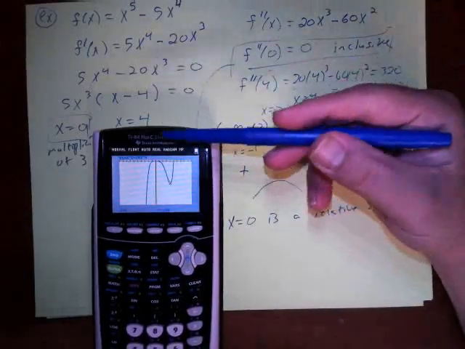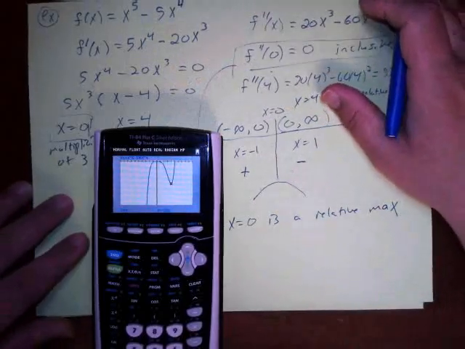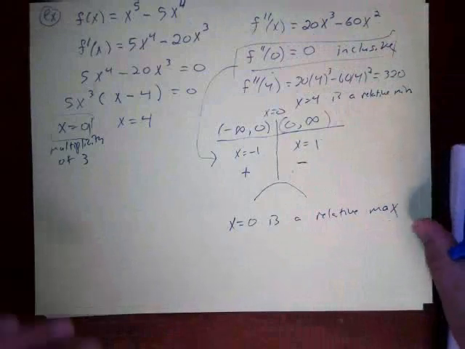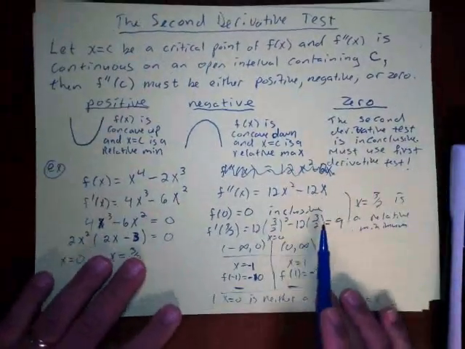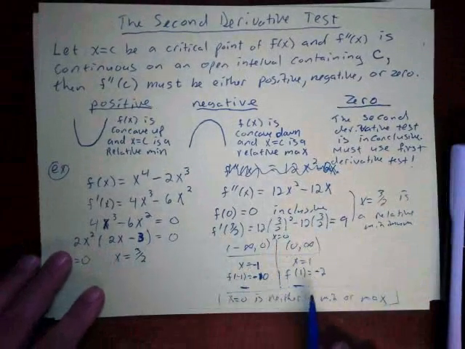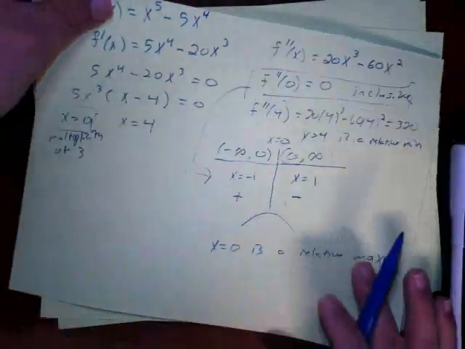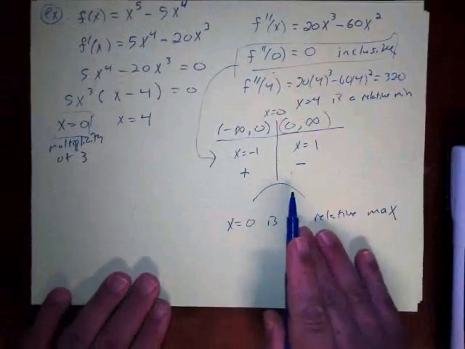Also notice the reason I did these two is they both had an inconclusive critical point. Right? The second derivative test was inconclusive for this one, and then when I did the first derivative test, I saw it was neither a min or a max, and in this one, it was inconclusive, but when I did the first derivative test, I saw that it was a max.